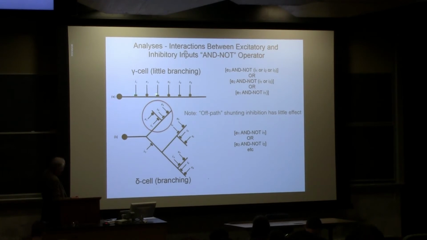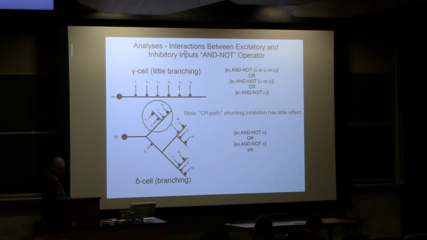Remember, I1 and I2 are, in this drawing, on the direct path that charge must take when propagating from the site of charge injection at E2. So that charge propagates to the soma. Since they're on the direct path, they can effectively veto charge from E2.